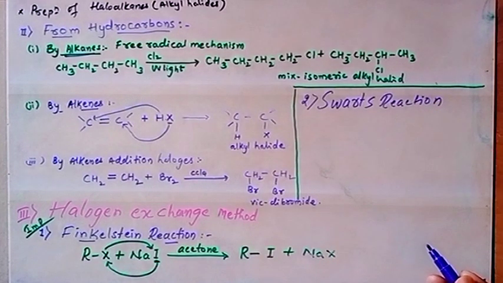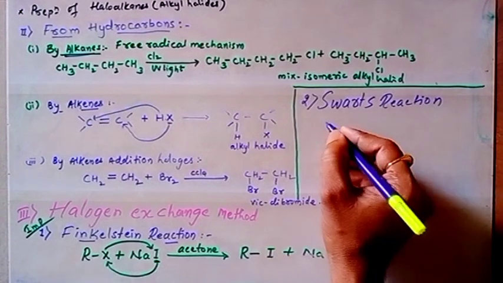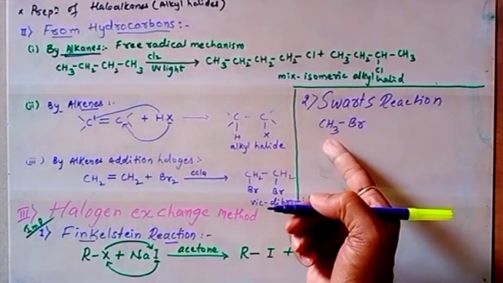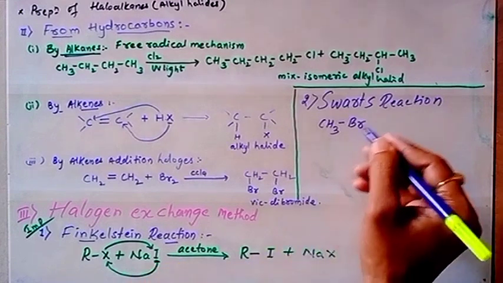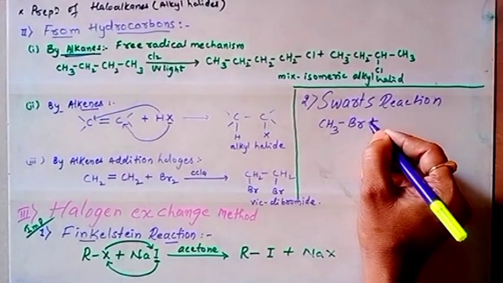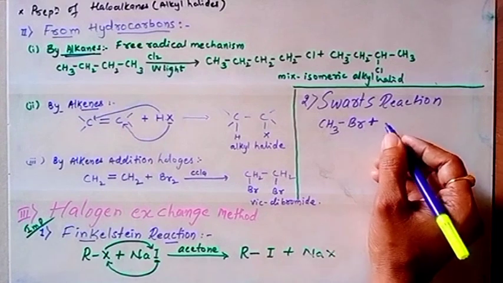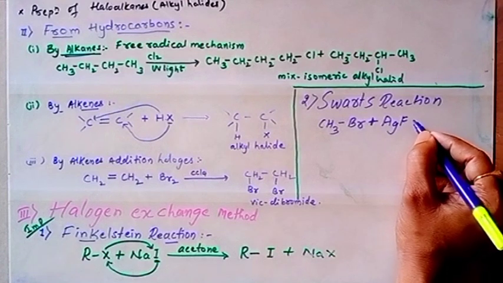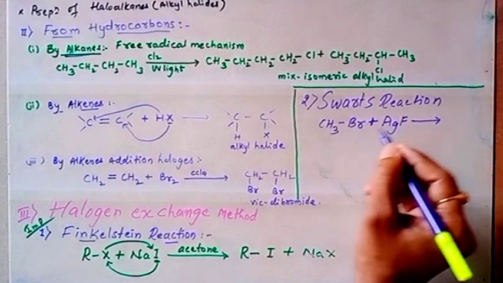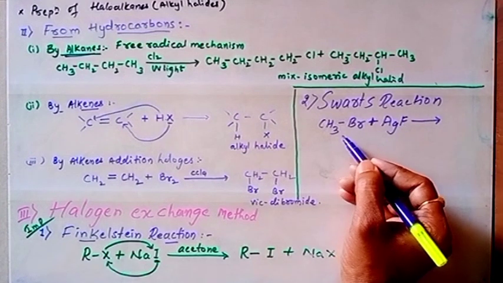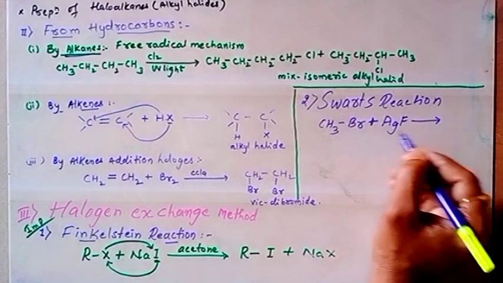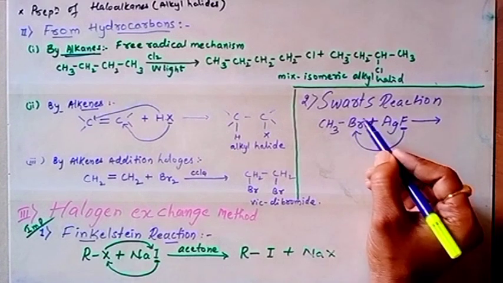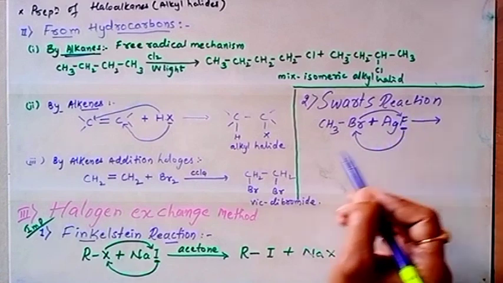In this reaction, alkyl halides, here taking methyl bromide as an example, are treated with metallic fluorides such as AgF, Hg2F2, etc. The fluoride displaces the Br, and the Br goes to the silver.